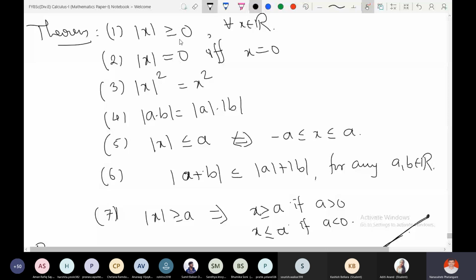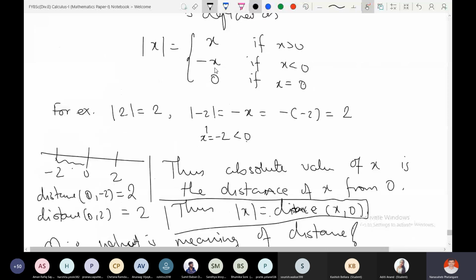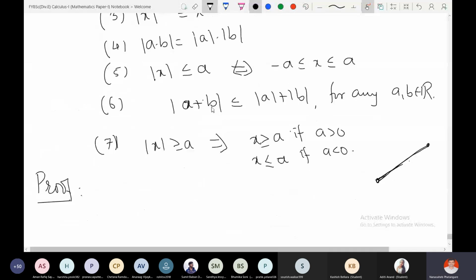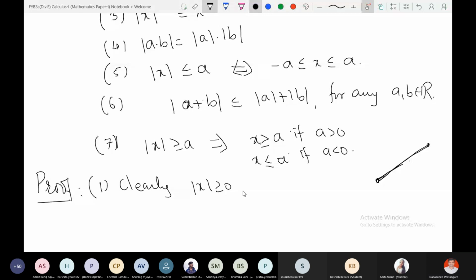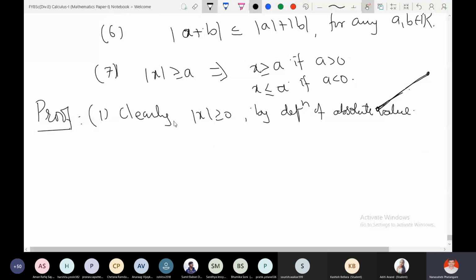Okay, so distance is greater or equal to 0, that is clear from the definition, because if x is negative, we just multiply by minus, so it is positive. Clearly, by definition of absolute value, the absolute value of x is greater or equal to 0, because if x is negative, then the absolute value is minus x, so it is again positive, and if x is 0, it is 0.